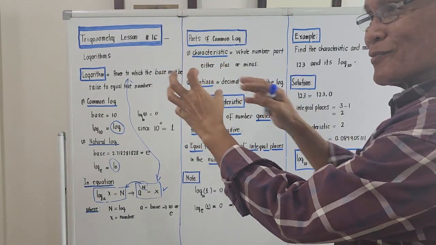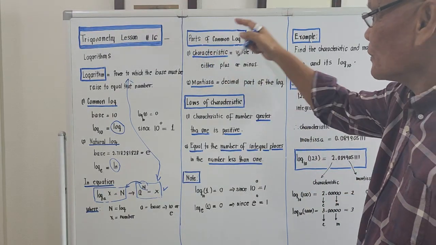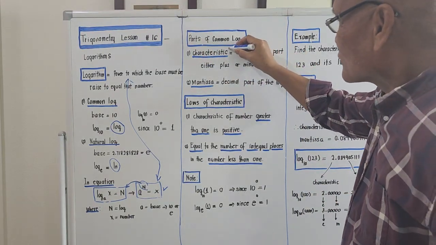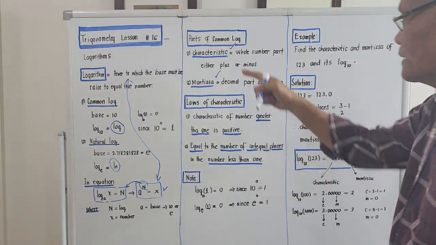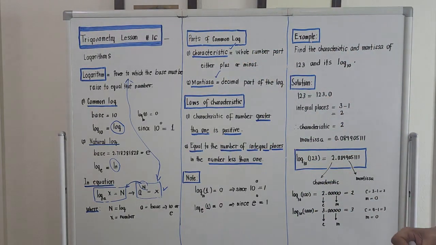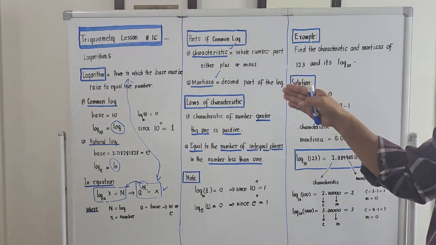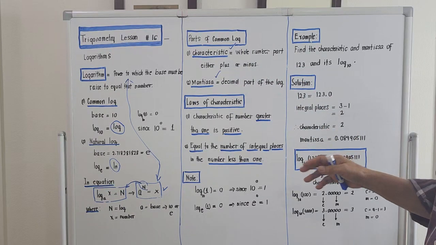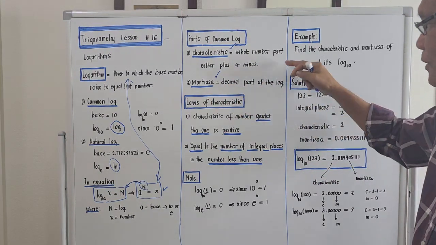And there is a name for that one. So for the parts of common logarithm, there are two parts, the characteristic and the mantissa. Characteristic is the so-called whole number part. It's either plus or minus, meaning the sign could either be plus or minus. And the mantissa is the decimal part of the logarithm.